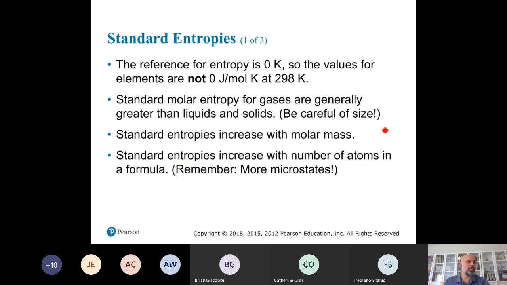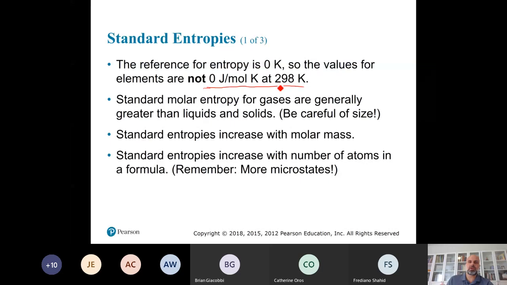So, standard entropies. The reference point for entropy is 0 Kelvin. So the values for elements are not 0 joules per mole per Kelvin at 298 K. All this we're saying when we're talking about our pure elements: they do not have entropy values of 0 at standard temperatures and pressures.